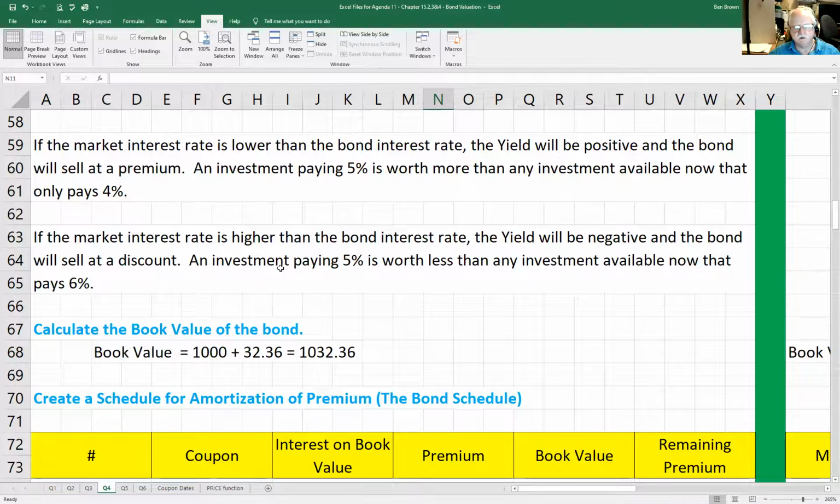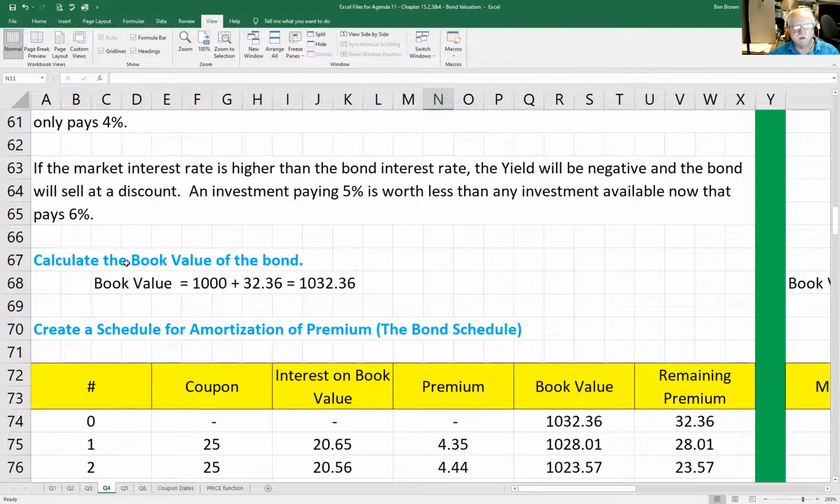An investment paying 5% is worth less than any investment available now that pays 6%. So as interest rates go up, the value of your bond goes down, or vice versa.